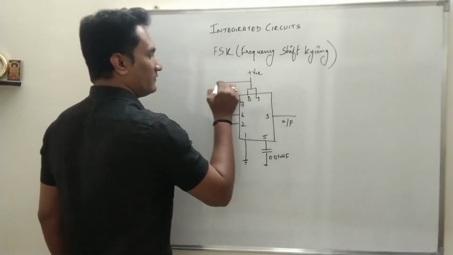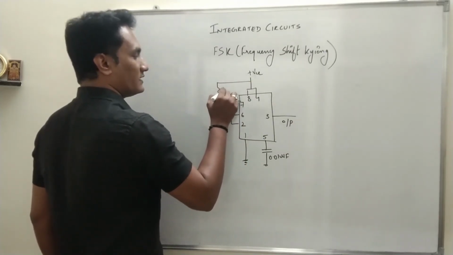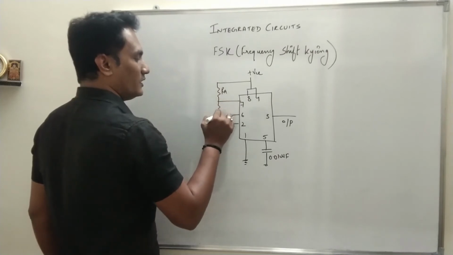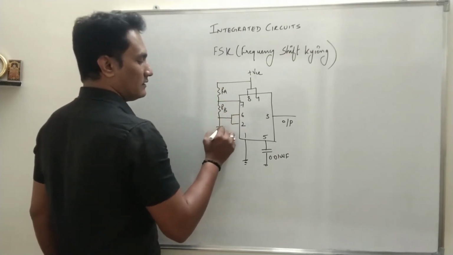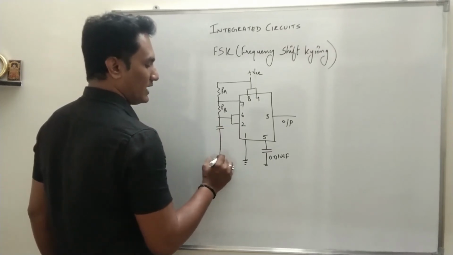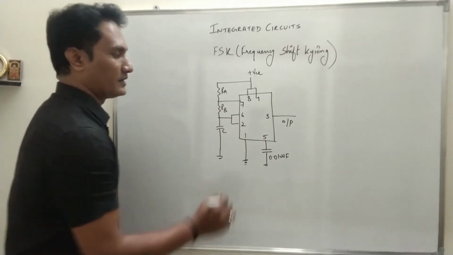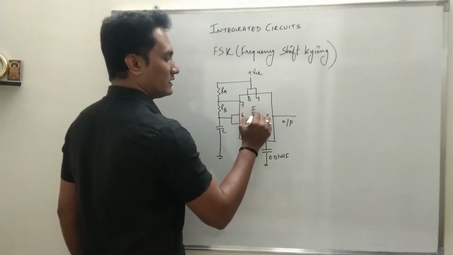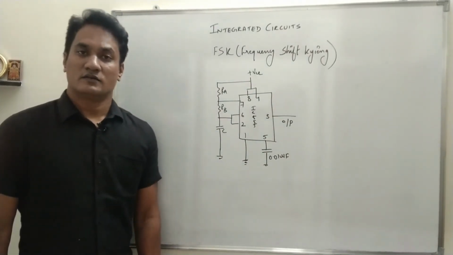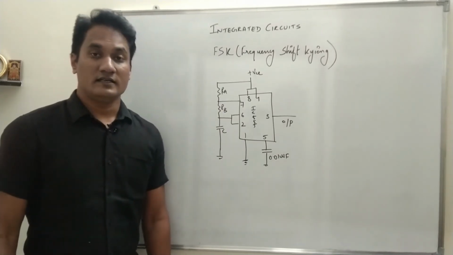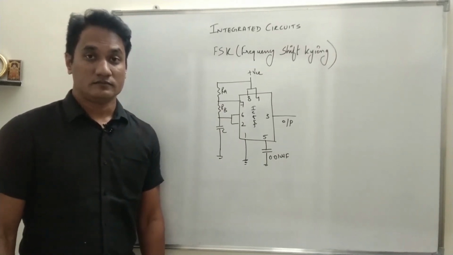Between pin 7 and plus VCC we have a resistance RA. Between 7 and 6 and 2 we have RB, and between 6 and 2 and ground we have a capacitor. This circuit has been designed using the IC555 timer.